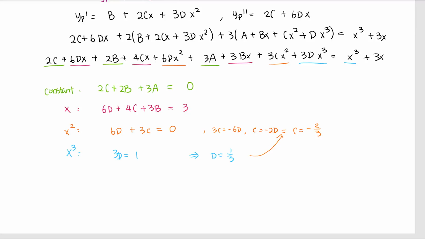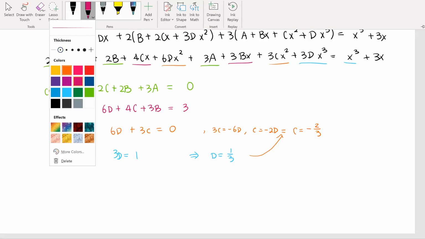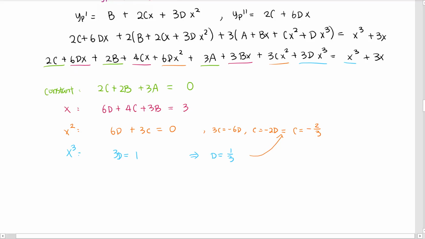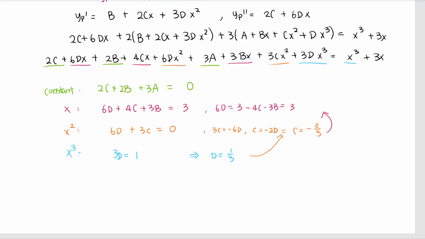Let's continue and plug in here. So that is 6d equals 3 minus 4c minus 3b, and 4c is negative, so it becomes positive 8 over 3.